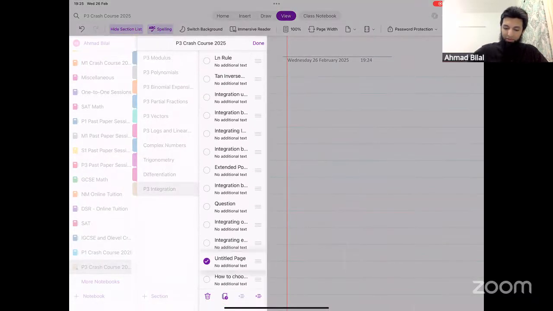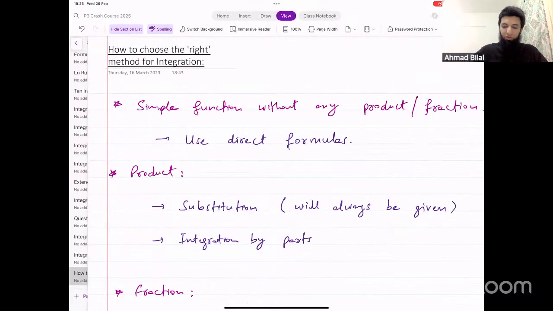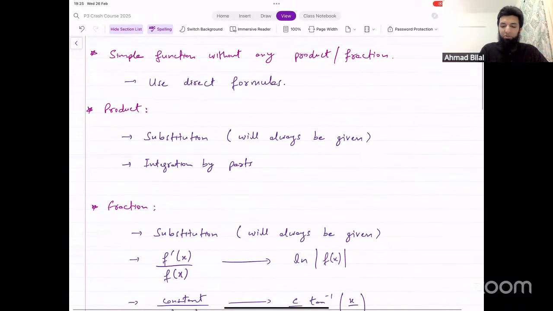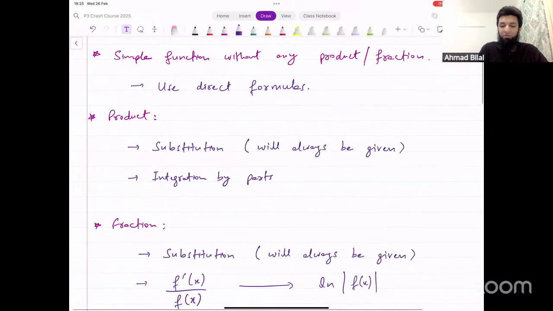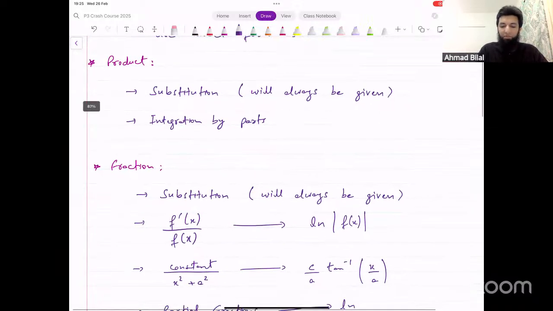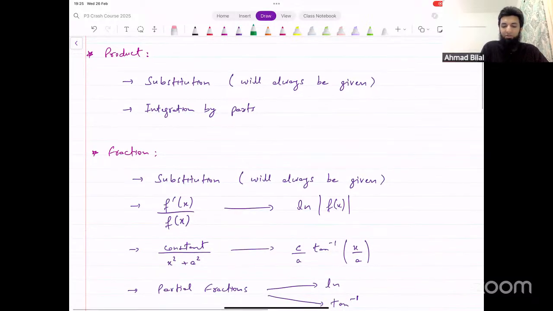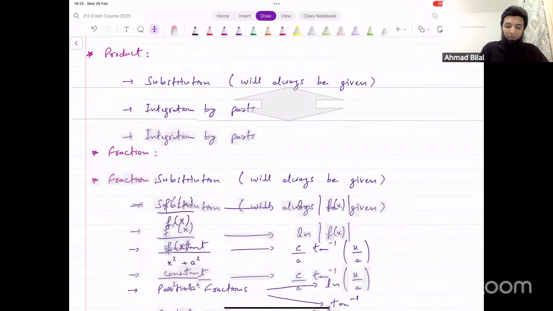Basically, how do you decide which rule to use when it's a simple function without any product or fraction? You use the direct formulas in the formula sheet, the first thing that we did, the first page of our notes. If it's a product, you either have to use substitution or integration by parts. If it's substitution, it will always be given. Otherwise, you use integration by parts or that extended power rule.